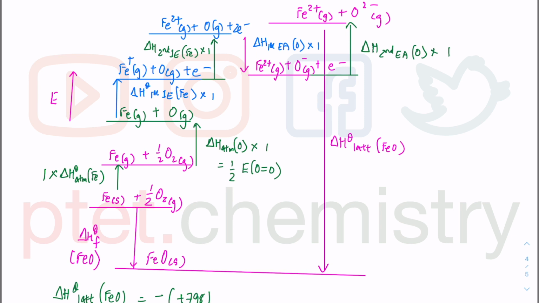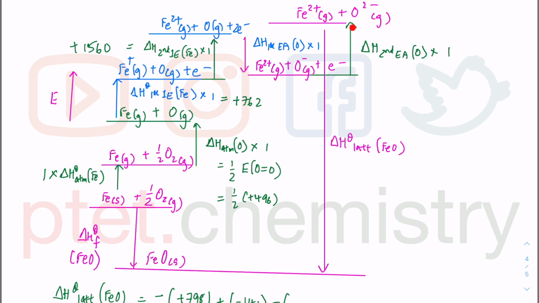So I have plus the first electron affinity, which is minus 141, and then I'm going the opposite way, so there's minus. This is data given in the data booklet, 1560, so it's plus 1560, and the first ionization energy is plus 762, and this thing is half times the bond energy from the data booklet. So it's half times plus 496, and this thing is already given as plus 416.